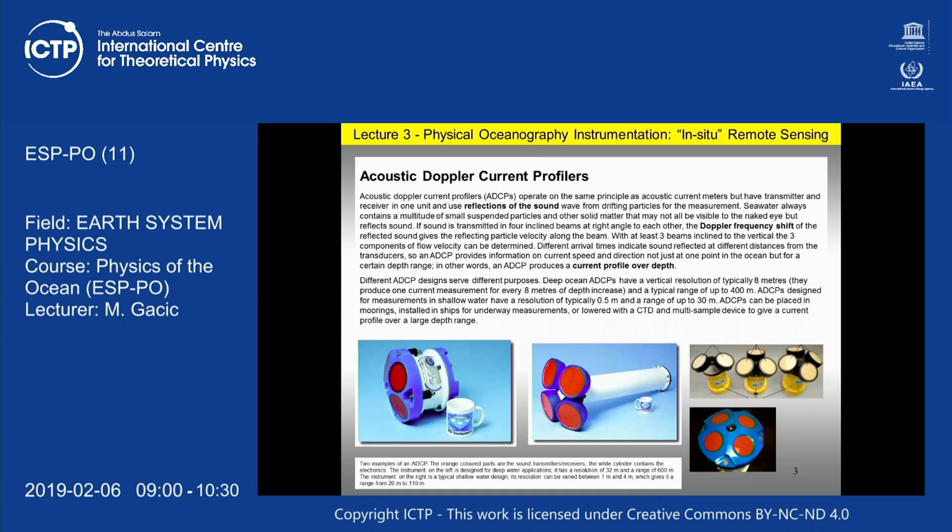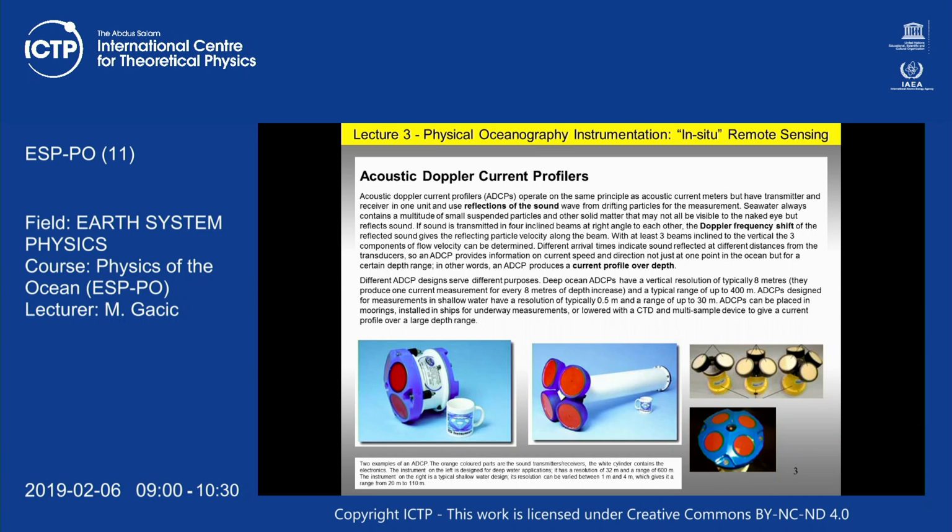So you obtain an instantaneous vertical profile of the horizontal and vertical velocity, but they have different purposes. Deep ocean ADCPs have a vertical resolution of typically 8 meters. So they produce one measurement for every 8 meters, and a typical range up to 400 meters.